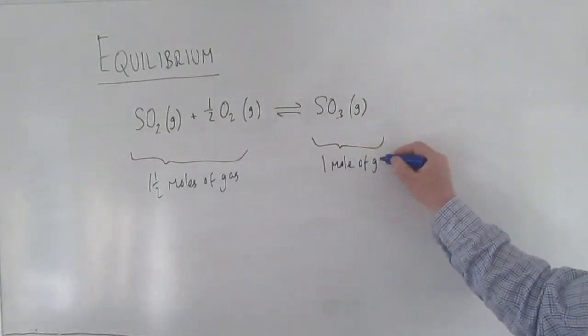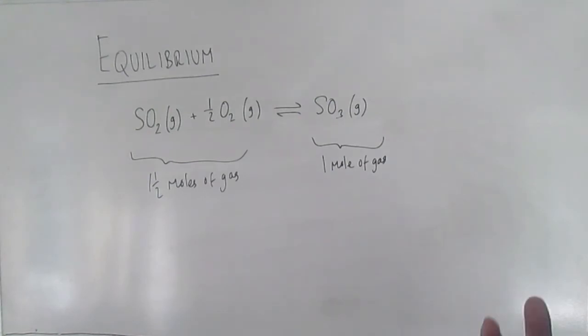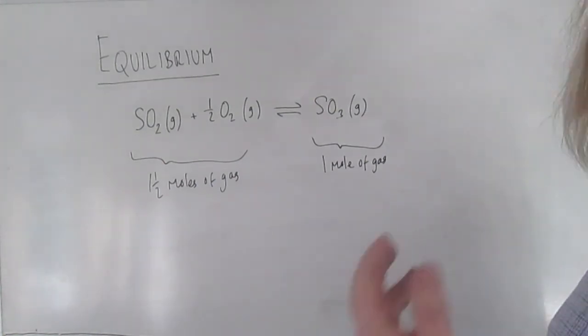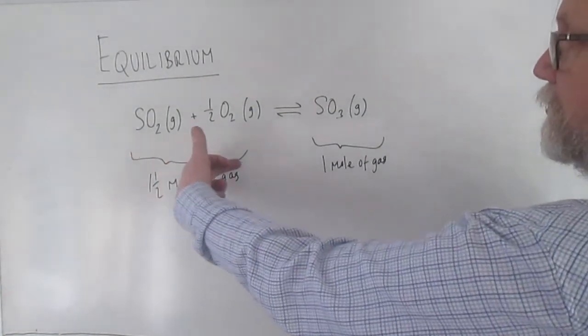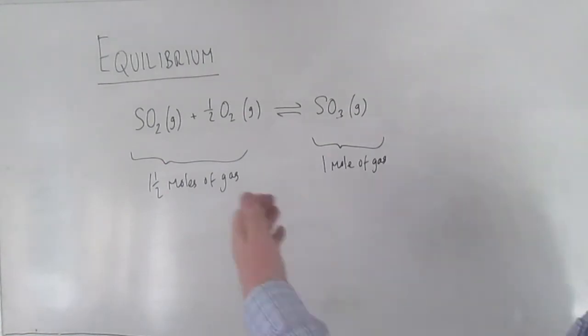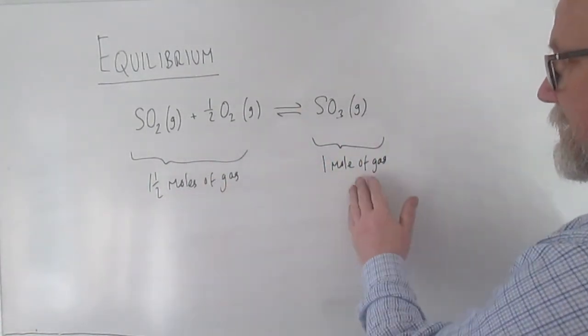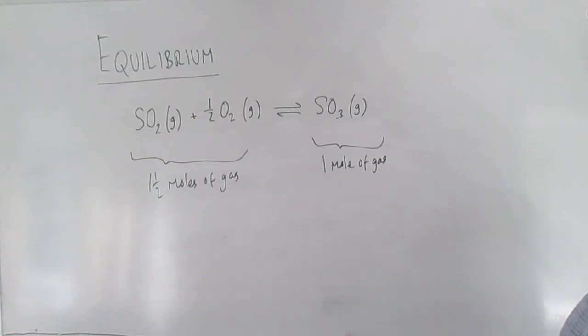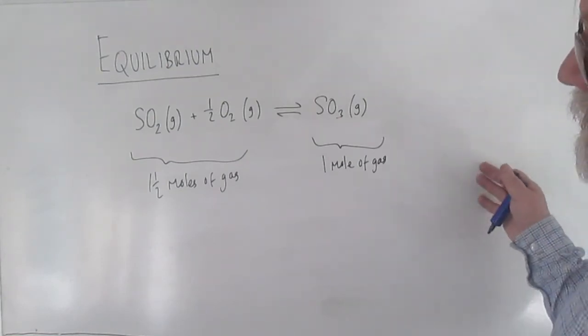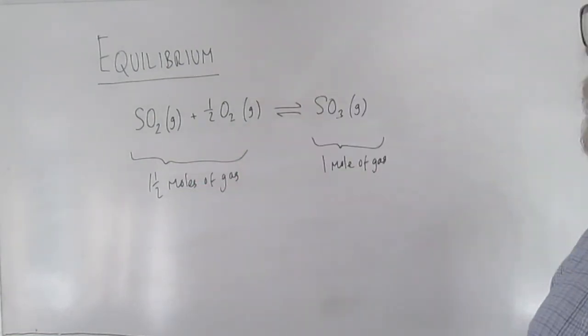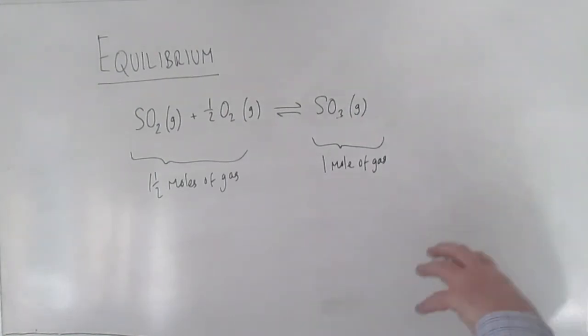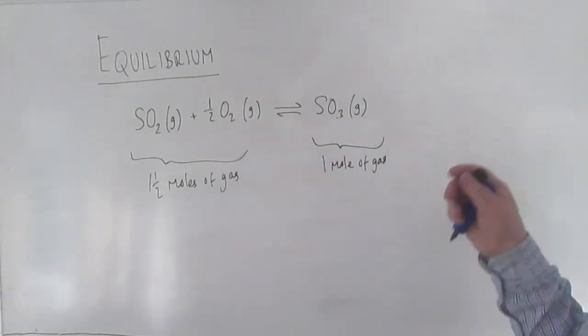So what that means is that if we increase the pressure by pushing a piston down or whatever to compress the mixture, the equilibrium can shift to oppose that change by moving in the forward direction. Because if you move in the forward direction, you decrease the number of moles of gas and therefore decrease the pressure and oppose the change. Equally, if you decrease the pressure, it could shift back this way to try and increase it again and oppose the change. So once you see that connection, it's very easy because you just count the moles of gas on each side.